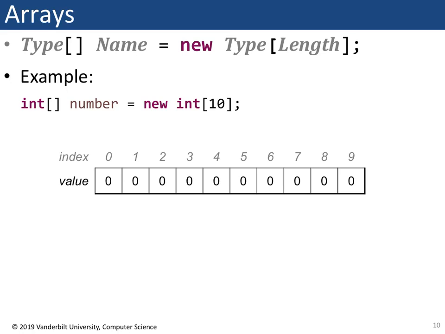We need to tell it what the address is of the array object. So we create a new array object of type integer with 10 elements and store the location of this new object in our variable called number. Now in memory we have this array. Notice that if we declare an integer array, it initializes each value to 0.